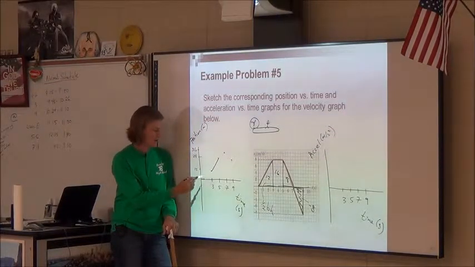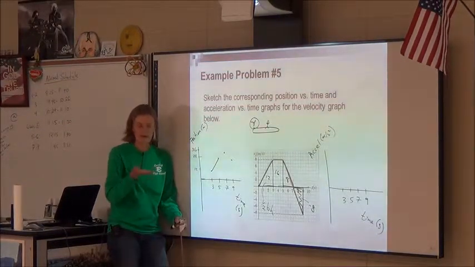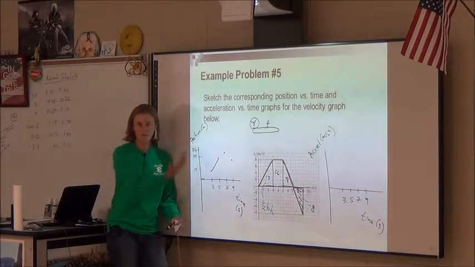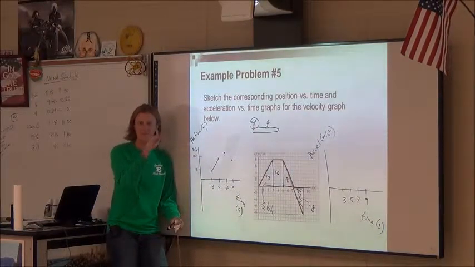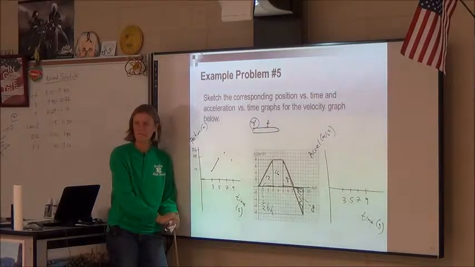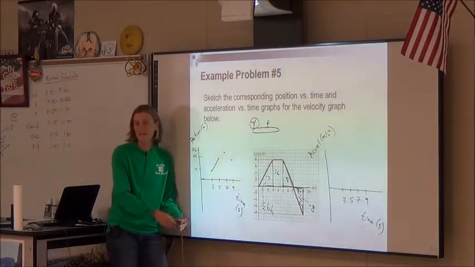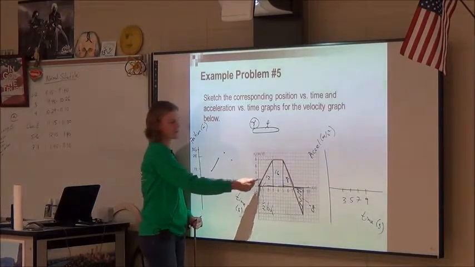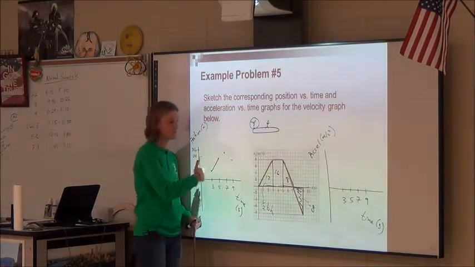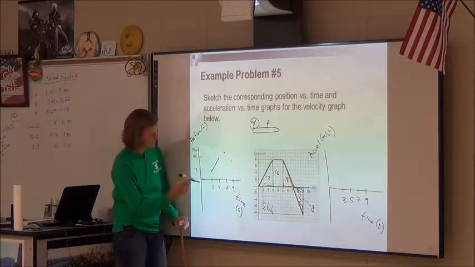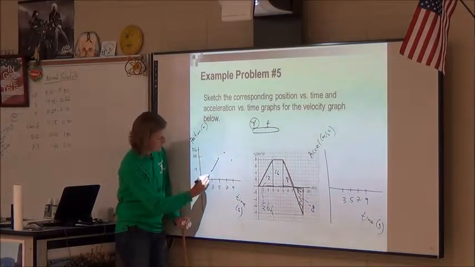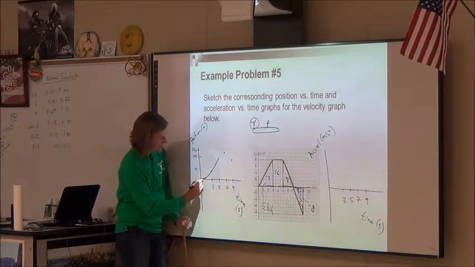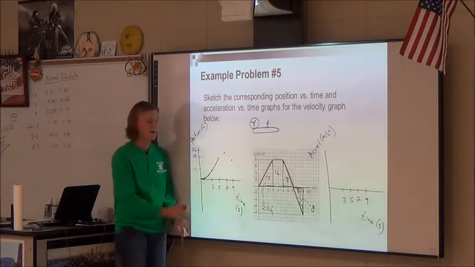So from 0 to 3 seconds, I either want to have an increasing slope line curved like that, or a decreasing slope line. Yeah, you're speeding up, so your slope should be increasing. If speeding up means your velocity is going up and up and up, and velocity is slope, your slope should be going up and up and up and up. So just to the best of your ability, kind of curve that out into a continuous line there.